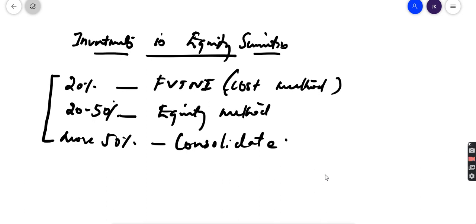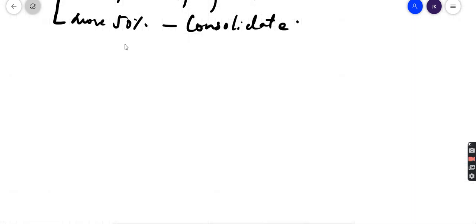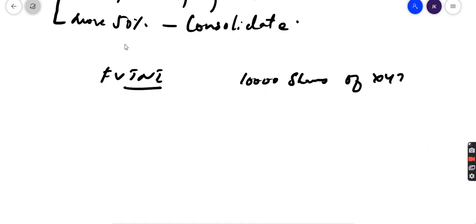Now, what is the fair value through net income method? Let's go deeper. For example, let's say we invested in 10,000 shares of XYZ company, and let's say one share is trading at $10.